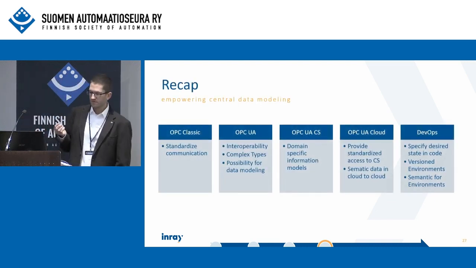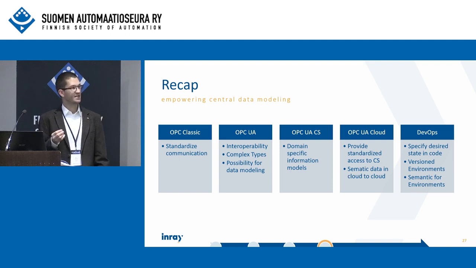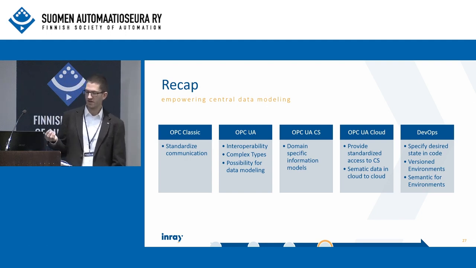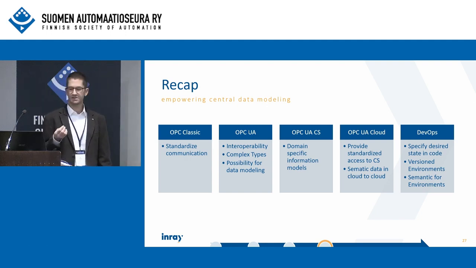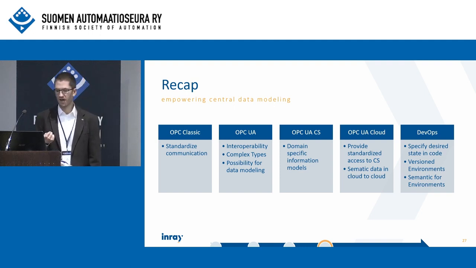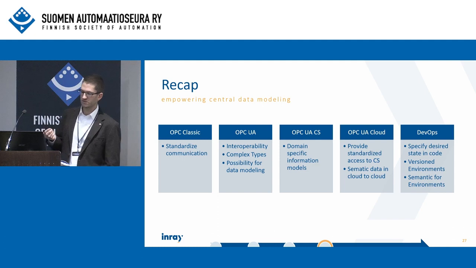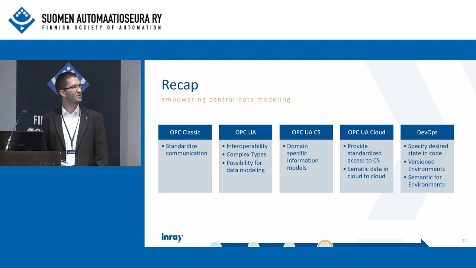A recap: OPC Classic as basis for standardized communication, which got superseded by the OPC UA, which provides us interoperability, complex data types, and the possibility for data modeling. And the OPC UA Companion Specifications, which provide us pre-built domain-specific information models.